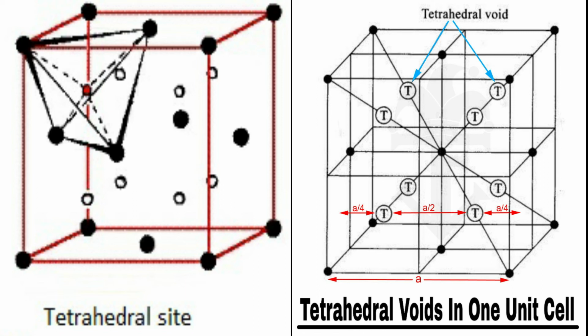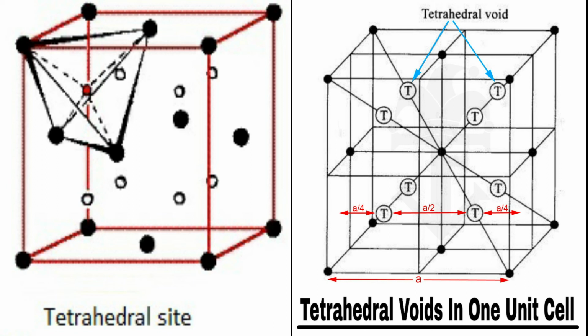So how many pairs will there be? 4 pairs. And on each diagonal there are 2 tetrahedral sites. So the total number of tetrahedral voids will be 8, and each is within the cube. So the total volume occupied by them will be 8, a whole number.